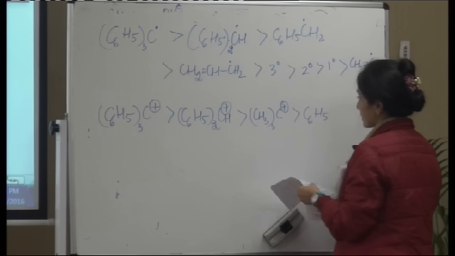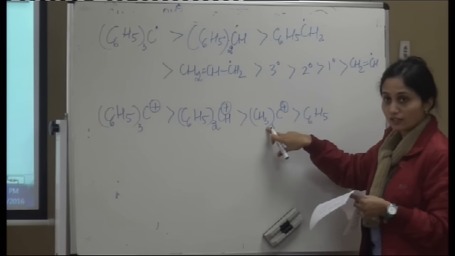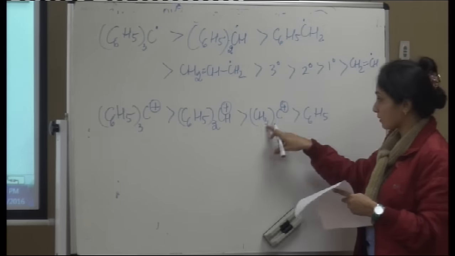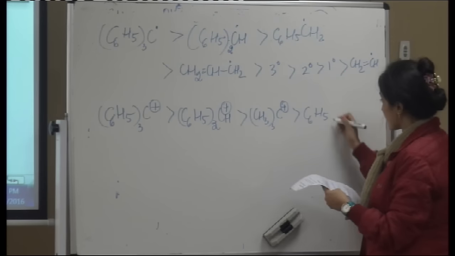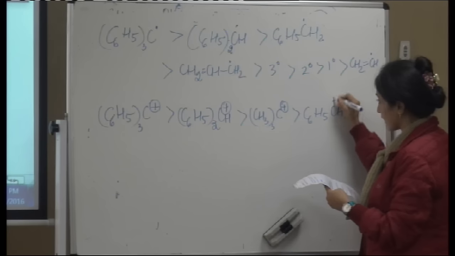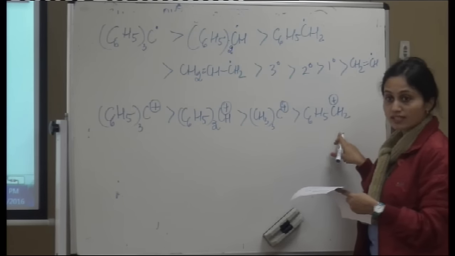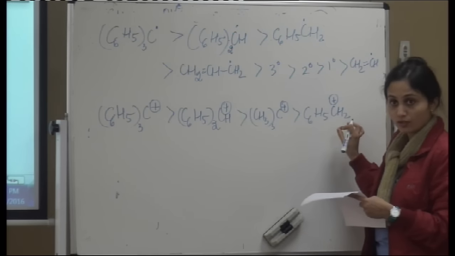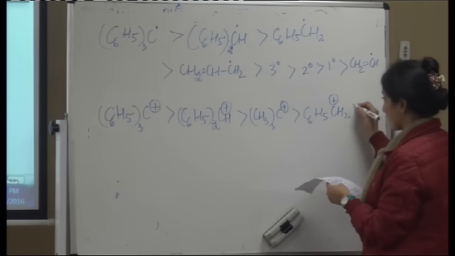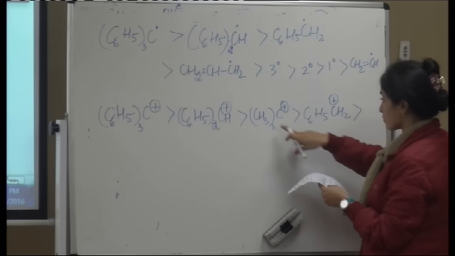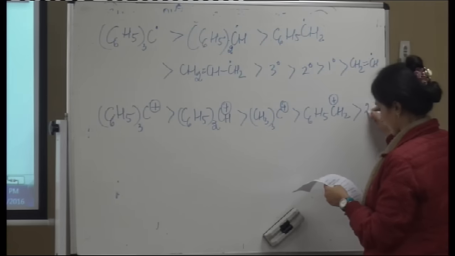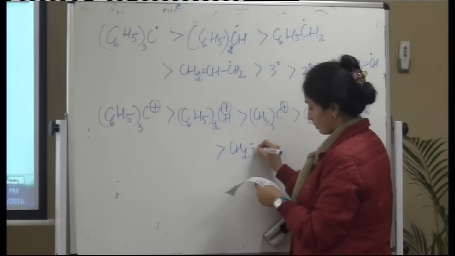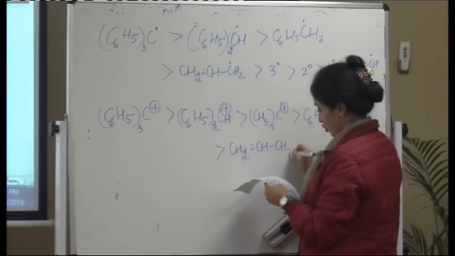In this case, the hyperconjugating effect and the inductive effect are more predominant over C6H5CH2+, the benzyl carbocation. Whenever a CH2 is attached to your benzene ring, it is known as the benzyl group. So this is your benzyl, followed by your 3 degree, and this is your 2 degree, followed by CH2=CH-CH2+.